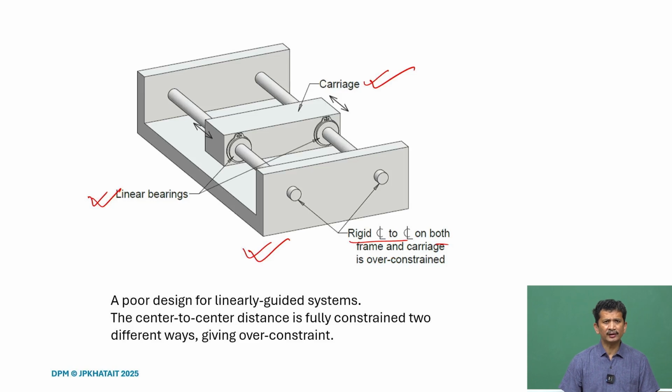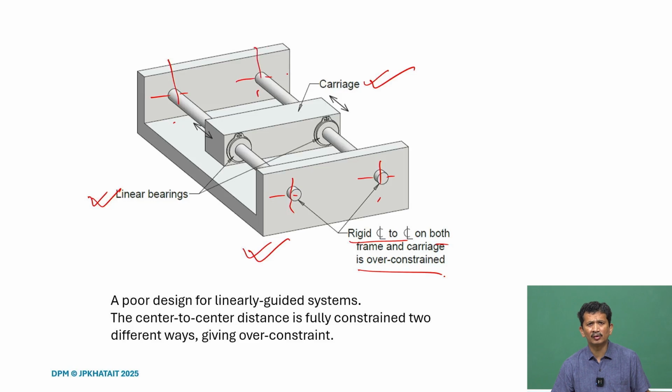What we realize here is the two center lines for the guides: how do we get them aligned properly, how do we get them parallel, because it is supported here, and there are four holes. How exactly can they be located? The distance between the two, and also the distance between the two linear bearings on the carriage.